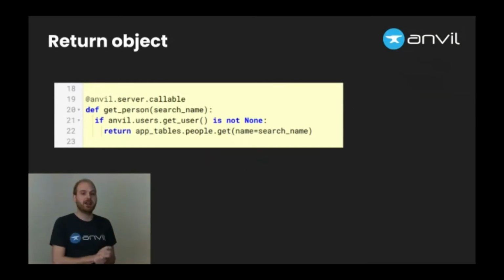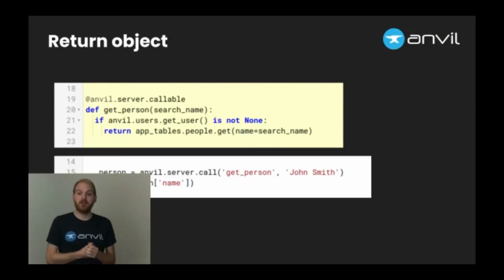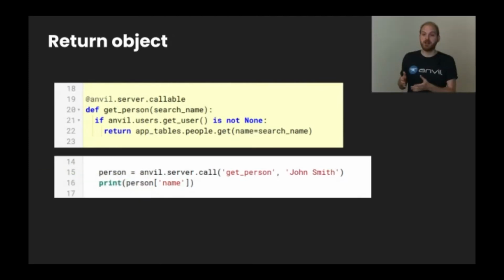Check if the user's logged in, and if and only if so, do we return them that data. And of course, because there's a capability embedded in that object, only if we return a valid object can the client-side code call a function on it. In this case, it's calling the dunder get item function, which is what happens when you do a square bracket lookup.